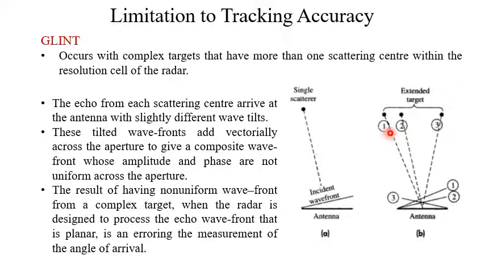These tilted wavefronts add vectorially across the aperture to give a composite wavefront whose amplitude and phase are not uniform across the aperture. The result of having a non-uniform wavefront from a complex target, when the radar is designed to process the echo wavefront that is planar, is an error in the measurement of the angle of arrival.